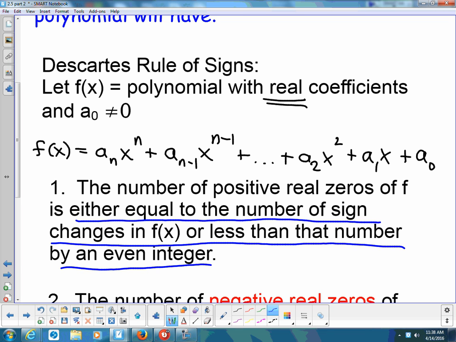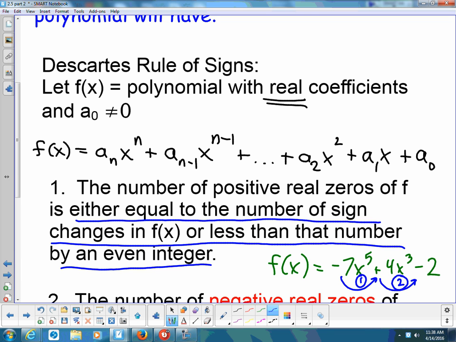All right, so for example, if we have a polynomial function like f of x equaling negative 7x to the fifth plus 4x cubed minus 2, how many sign changes are there? Well, this coefficient was negative, and then it went to positive, so that would be one sign change. And then it goes from positive to negative, so that's a second sign change.